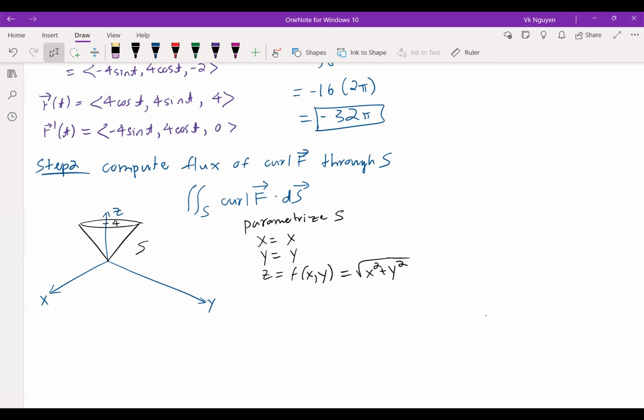So if we parameterize S this way, then we're going to have a region D. Draw a circle here. Don't bother to write out where x goes from and where y goes from, right? No. If you look at root of x squared plus y squared, you can use polar coordinates later.